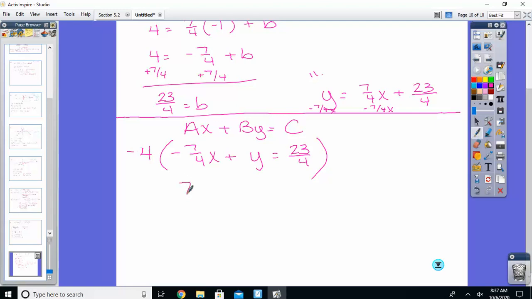So that will give me a positive 7x, a -4y equals -23, and that's my standard form. Is that alright with everyone?